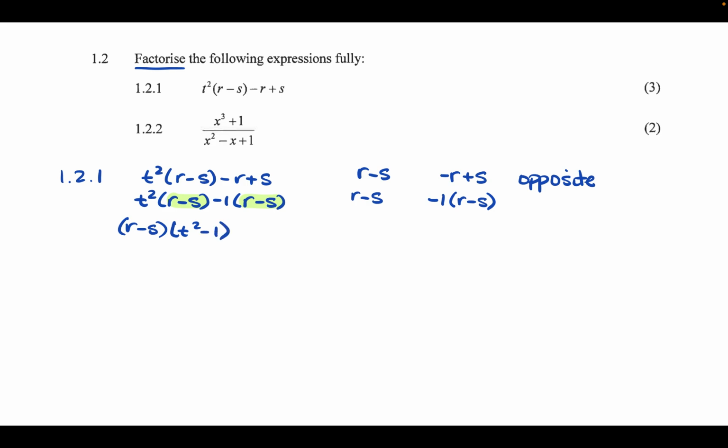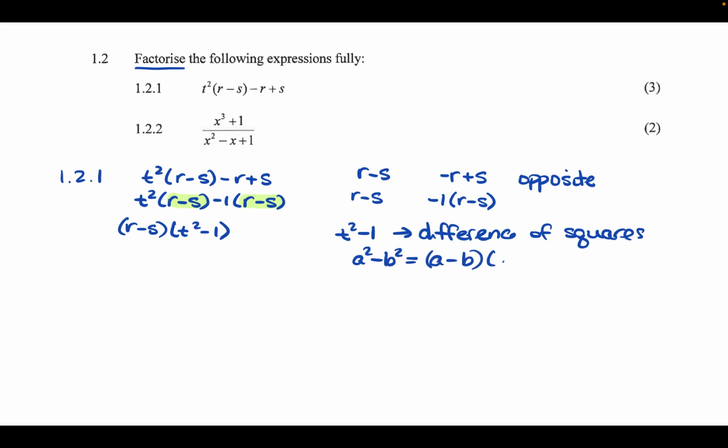You may notice I've used the word factor instead of factorize. That's a difference in American language for this. Now, t squared minus 1 reminds me of a difference of squares, and that is a special kind of factoring that you may have learned. A squared minus b squared can be factored into a minus b times a plus b.